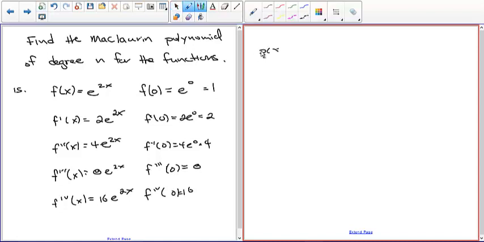So we can say the polynomial that approximates this function is going to be equal to 1 plus 2x plus 4x squared over 2 factorial plus 8x cubed over 3 factorial. That's probably as much as I need to write. I'll do one more term. 16x to the 4th over 4 factorial.